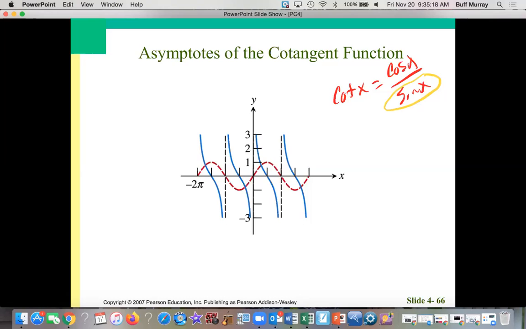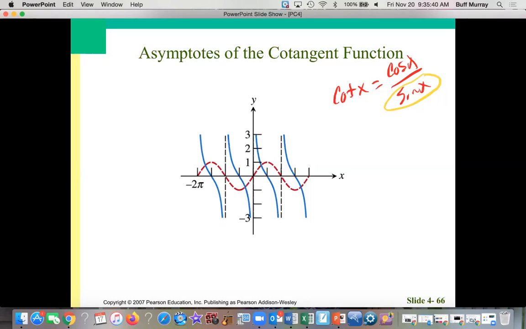Cotangent is undefined. Now, if you look at your cheat sheet again, cotangent's on there at the bottom. It says theta not equal to n pi. Basically that means the asymptotes of cotangent will show up at any multiple of pi: 1 pi, 2 pi, 3 pi, 4 pi.